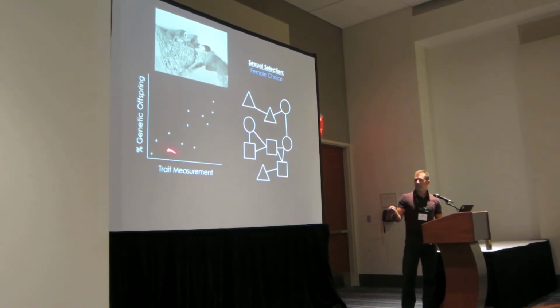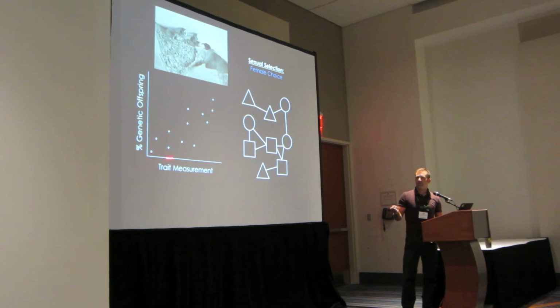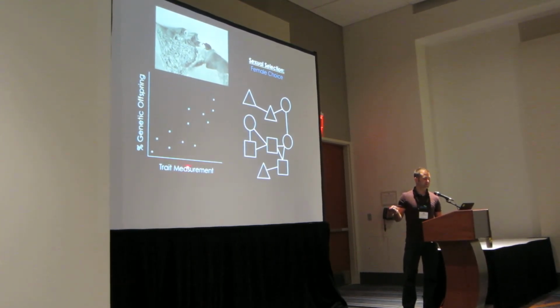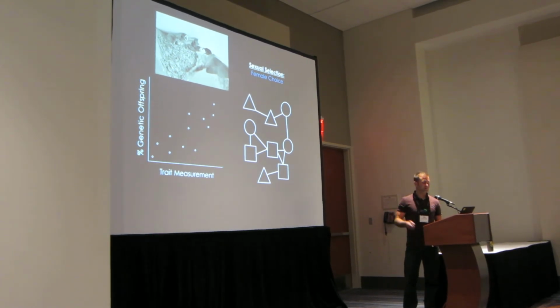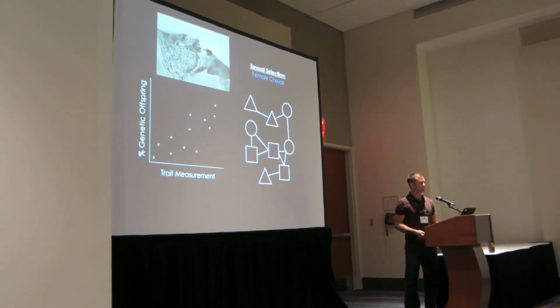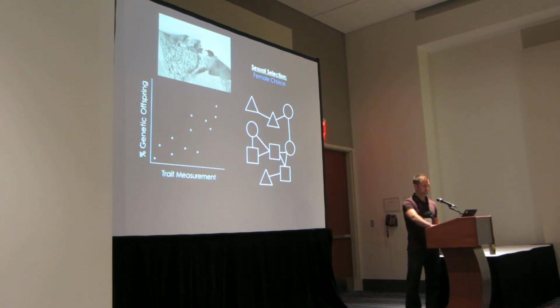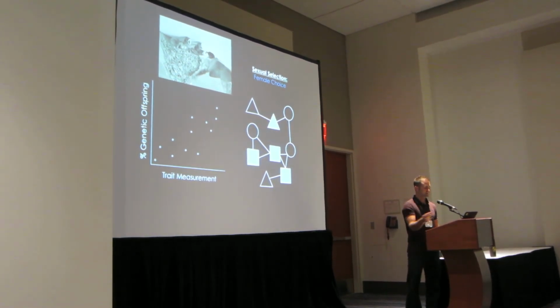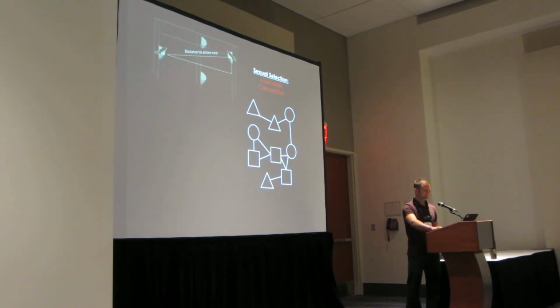Just as an example, we show a consistent relationship between this particular trait measure and percent genetic offspring. We used AIC model selection to determine which of these traits predict this aspect of reproductive success, and these are colored blue in this example.